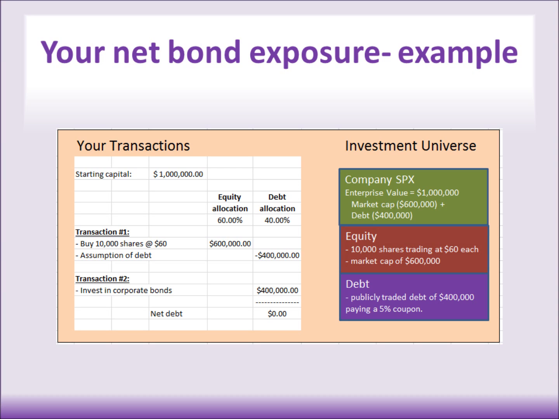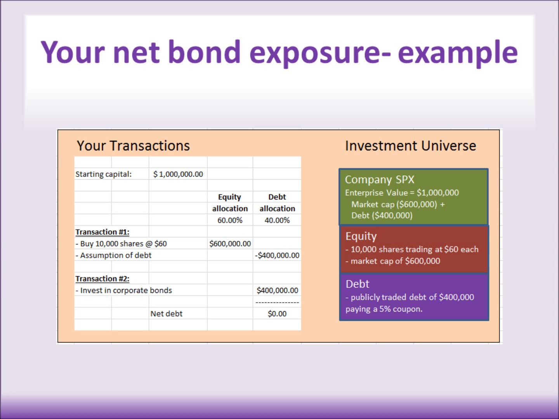to bonds. Now, in transaction one, when you buy the 600,000 in equity, you automatically assume the debt of 400,000 in company SPX. So recall from our previous slide that assuming the debt is the same as being short the debt. So when you buy the 600,000 in equities, you are now long 600 in equities, but you're also short 400 in debt.